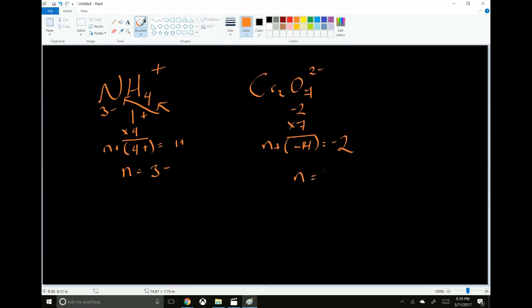So N equals +12. But there are 2 chromium, so you're going to have to divide that by 2 to get the oxidation number on each chromium. +6. So -2 and +6 are the oxidation numbers for the 2 different elements in dichromate.